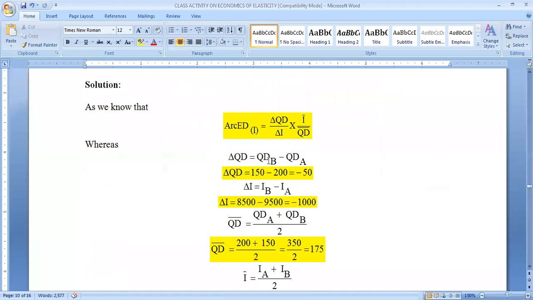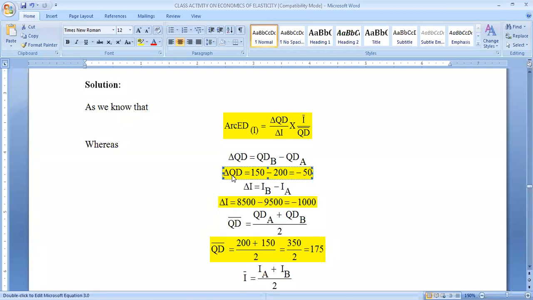Delta QD is the difference between the quantity demanded of 2 points. 150 is quantity demanded at point B, while 200 is the quantity demanded at point A. The difference is minus 50. So the first component, which is delta QD, is found to be minus 50.